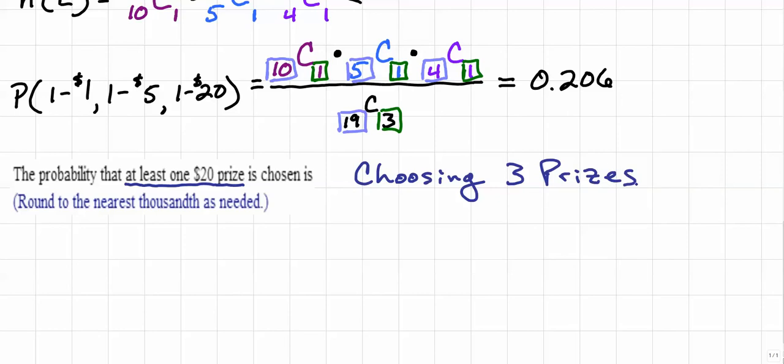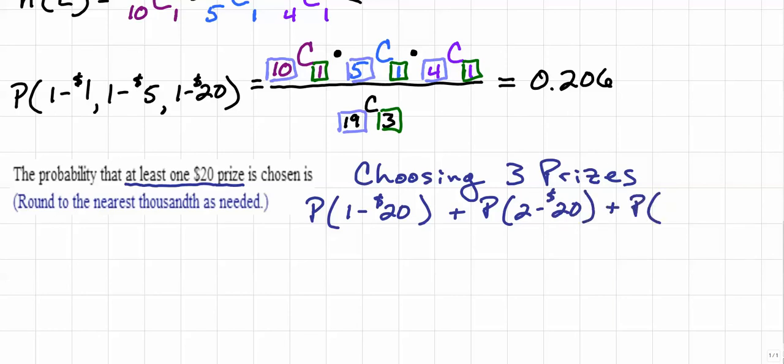When we say at least one $20 prize, there's the probability of choosing one $20 prize plus the probability of choosing 2 $20 prizes plus the probability of choosing 3 $20 prizes.